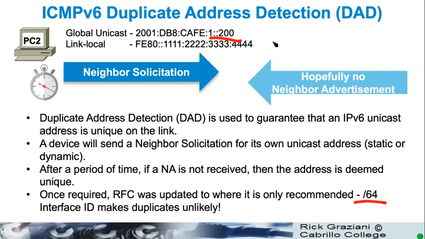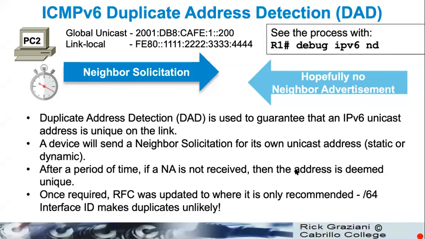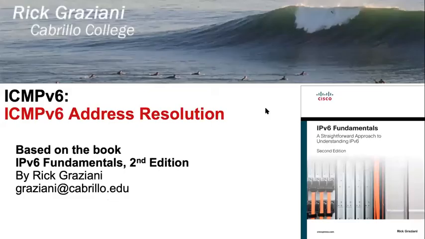You might give two switches the same IPv6 address so you can access them remotely, and this would be caught with duplicate address detection. Again, you can see this process and all these processes with IPv6 and neighbor discovery with the debug ipv6 nd command. So that's ICMPv6 address resolution.